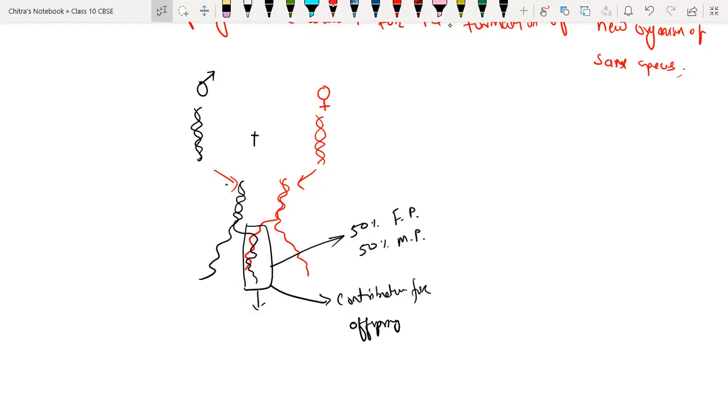That's why new organisms are similar to their parents. So this is how genes are transmitted, and along with genes, genetic characters are also transmitted from parent to offspring. Any doubt till here?